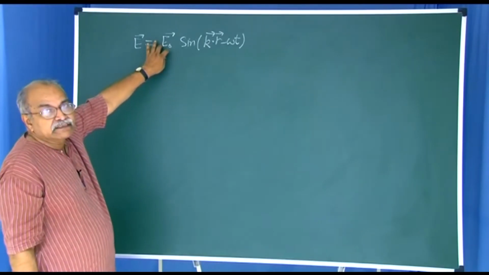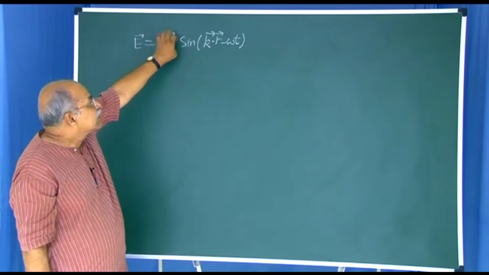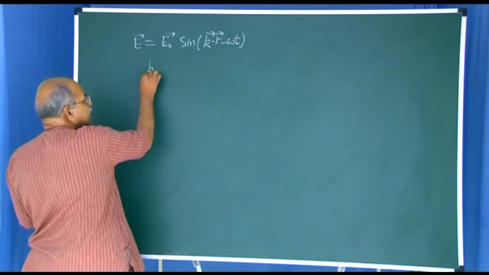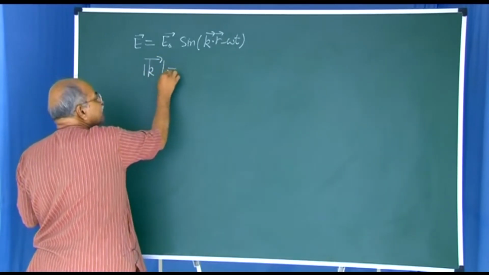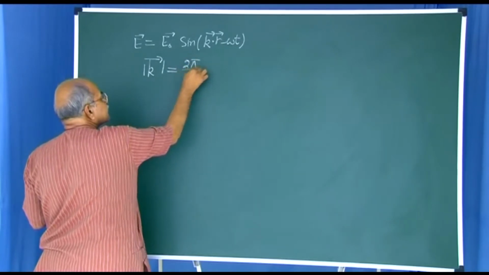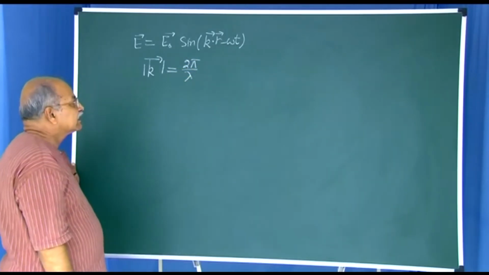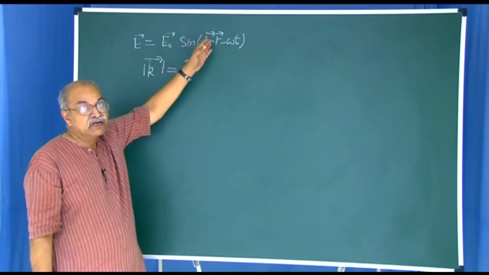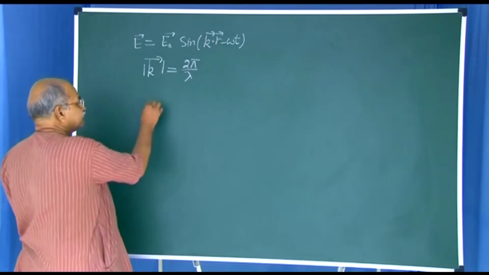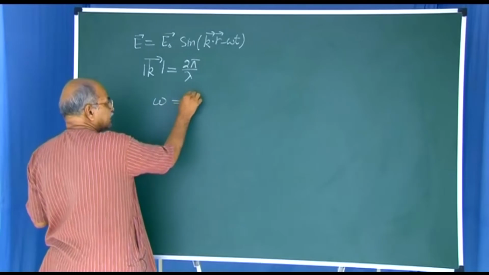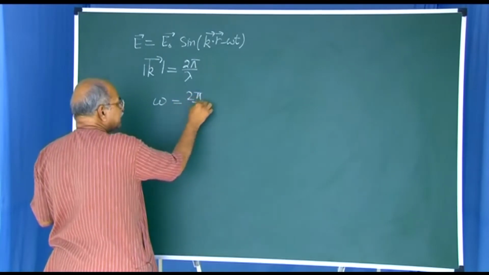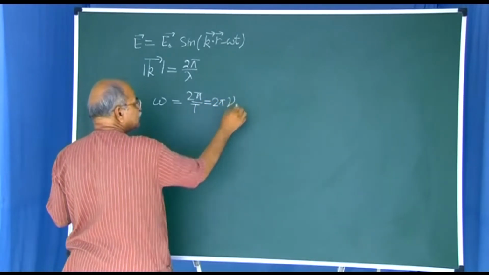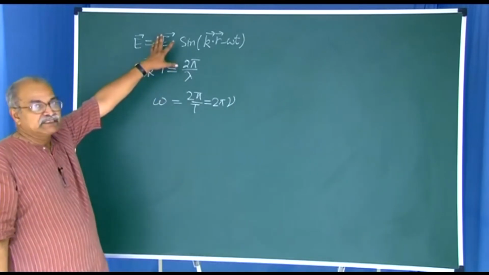This E naught is the amplitude of electric field, K is the propagation vector, and the magnitude of this K is related to the wavelength: it is 2 pi by lambda. R is the space point where this electric field is being talked about. Omega is the angular frequency related to time period, 2 pi by T, and in terms of frequency it is 2 pi times nu. So, these are the parameters.